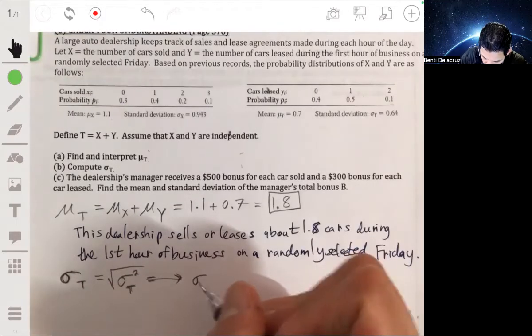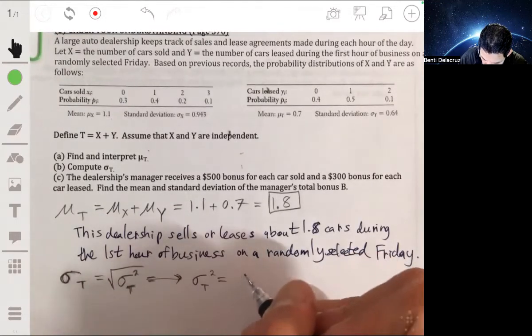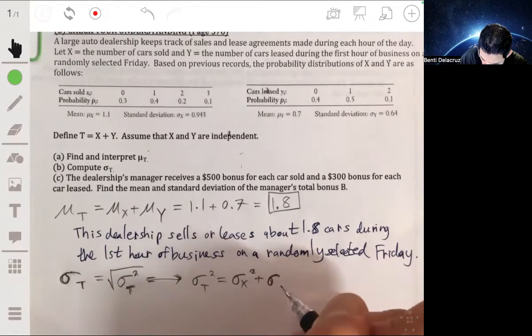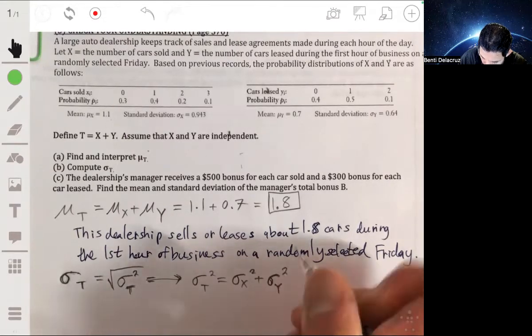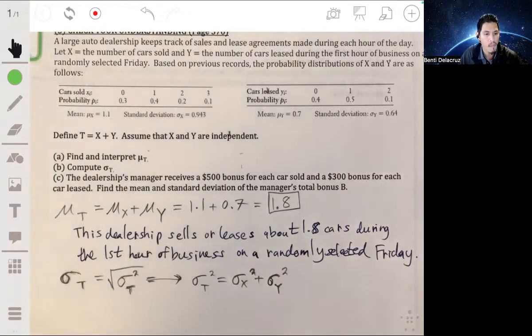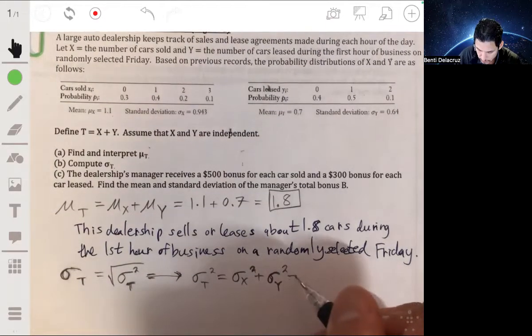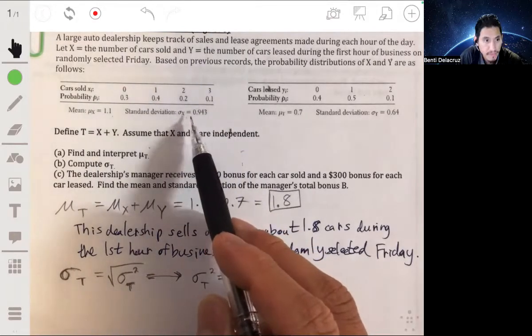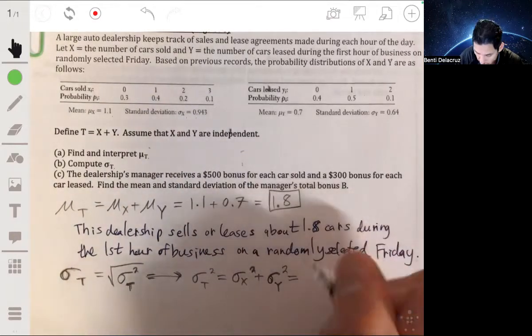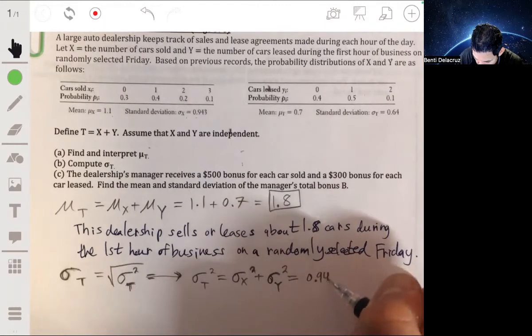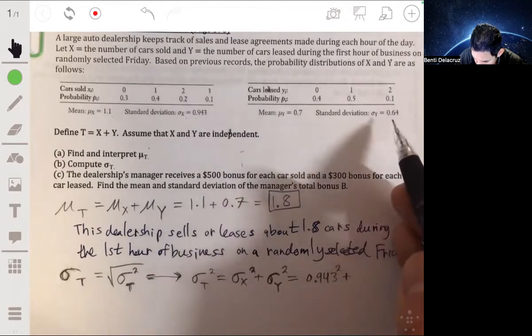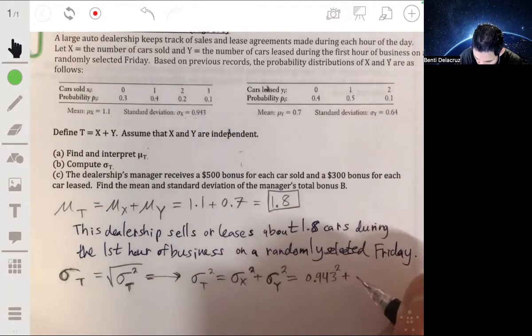The variance of T equals the variance of X plus the variance of Y. Remember, the variance is the standard deviation squared. The standard deviation of X is 0.943, so we're going to have 0.943 squared plus 0.64 squared.